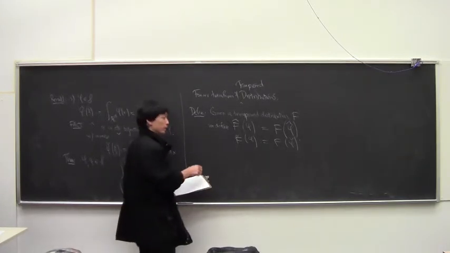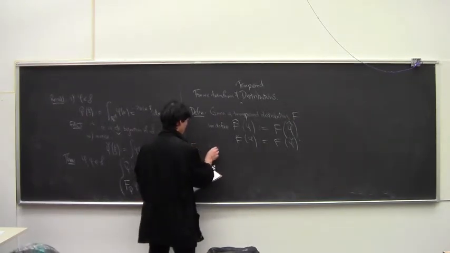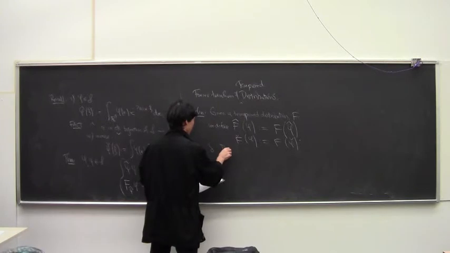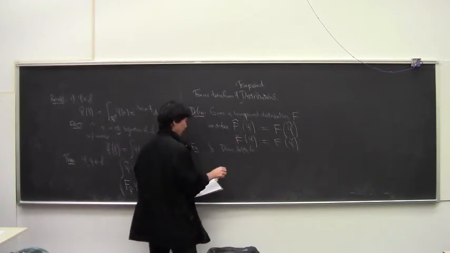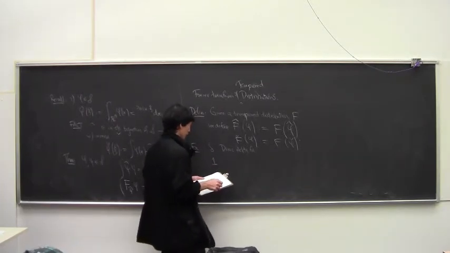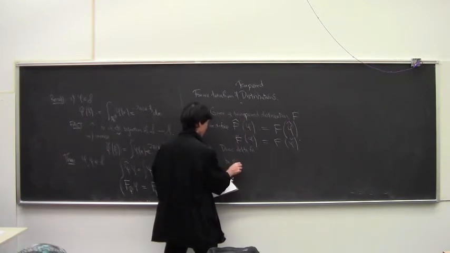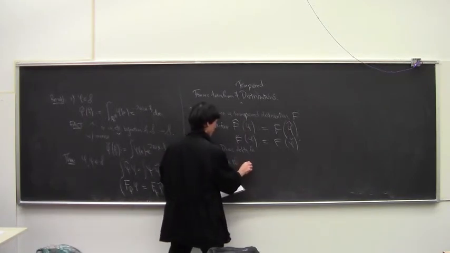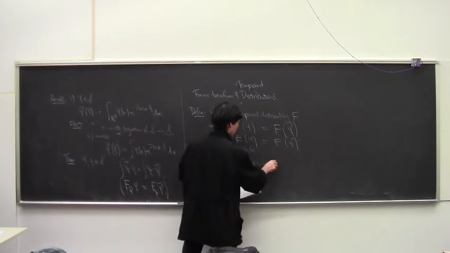Okay. So, for example, if you have delta, the Dirac delta, and you have 1, we'll use the number 1 to denote the constant function 1.